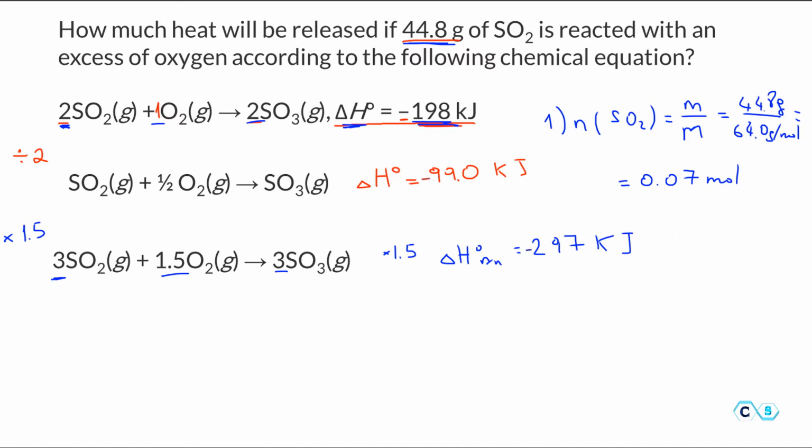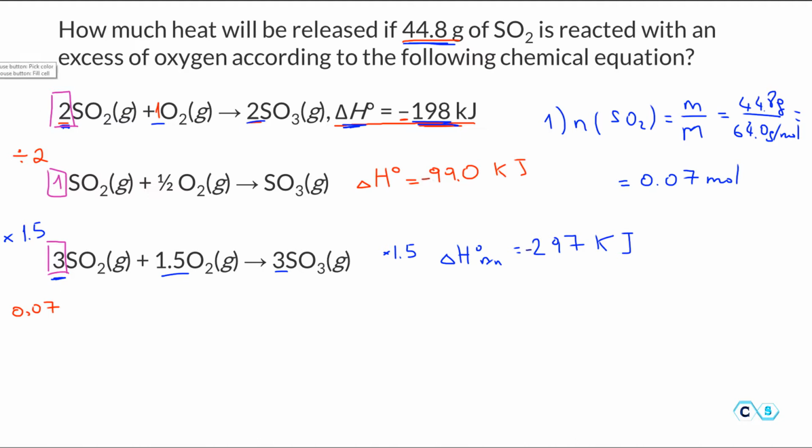Now let's look at these numbers. Initially, the enthalpy is given for 2 moles. Here we had it given for 1 mole. Here we had it given for 3 moles, and every time we changed it. So what if instead of all of these nice numbers, I have 0.7? This is essentially what happens.